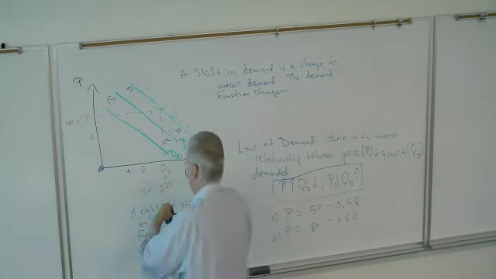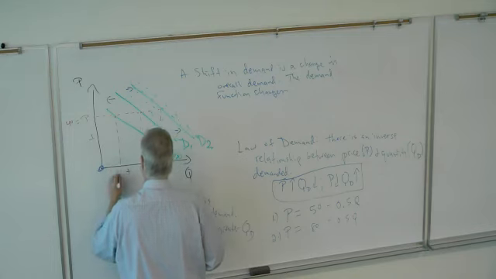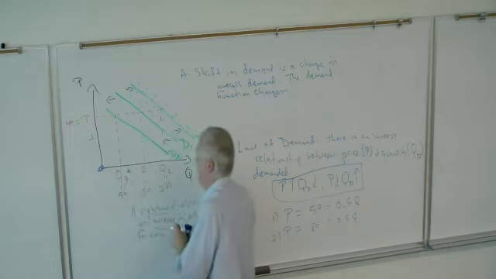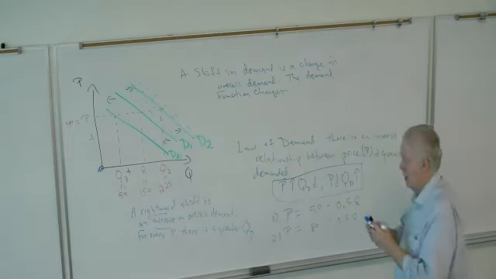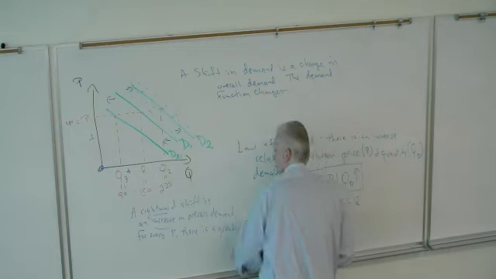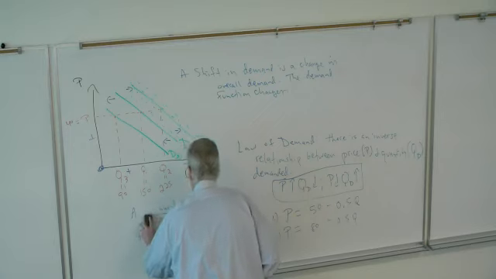And so as a result, now D3 corresponds to Q3, and now we've got some quantity of 90, all at the same price of 40, remember. And so what can we say about a leftward shift? Well, it's basically this. It's nothing too much different.